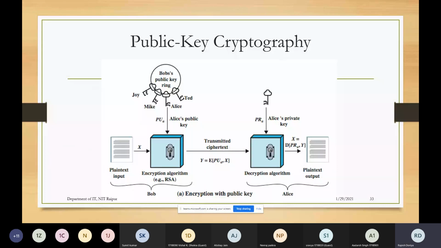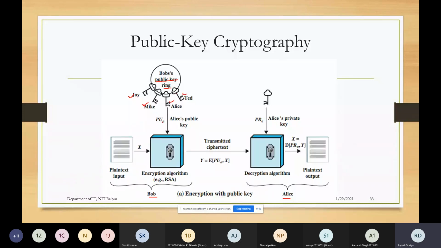Let us assume we have two parties, Bob and Alice, and these two parties need to communicate together. In a public key crypto system, each party may have a public key ring. In this public key ring, Bob has the public keys of Joy, Mike, Alice, and Ted.